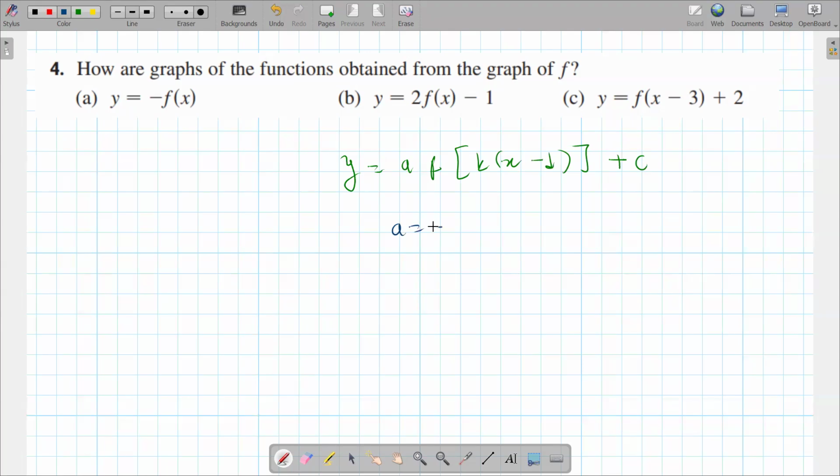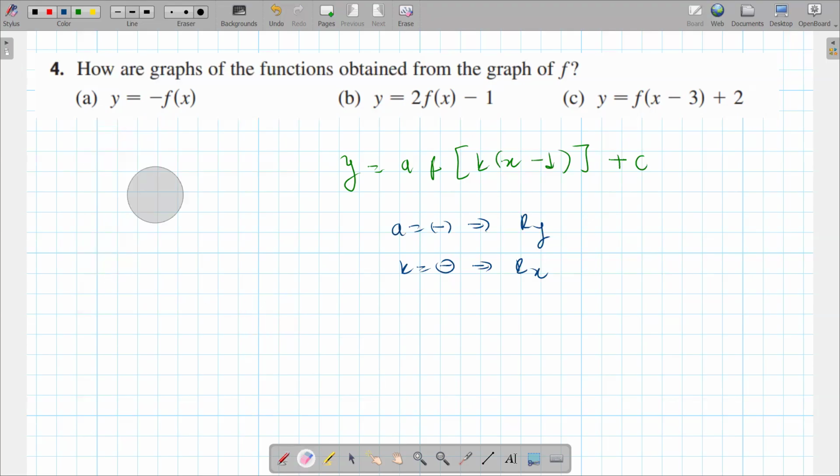If A is negative, then it's a reflection on the y-axis. If K is negative, it's a reflection on the x-axis. So this negative sign here, is it inside the function or is it outside the function? Outside. So is that A or K? It's A. So what does it do? It's a reflection on the y-axis. And you're done.